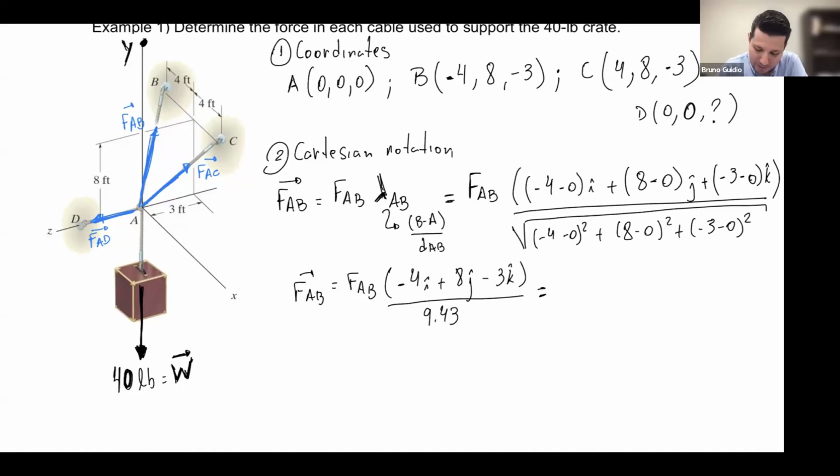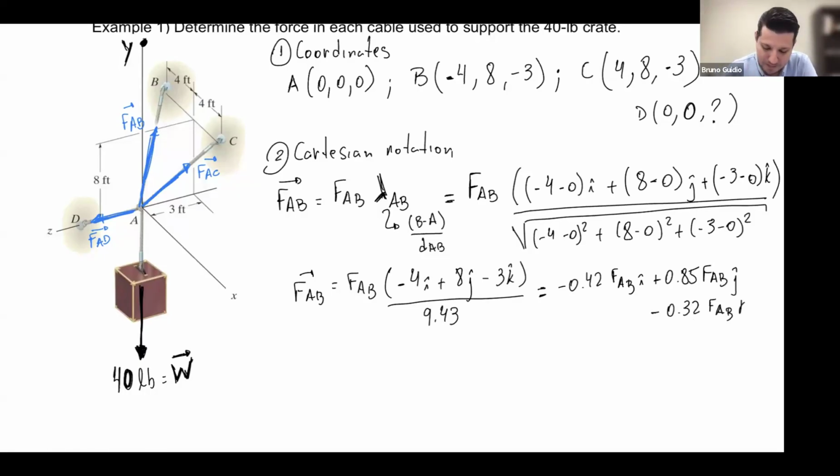At the end, I have 0.42 FAB i hat, positive 0.85 FAB j hat, and the last one, 0.32 FAB k hat.